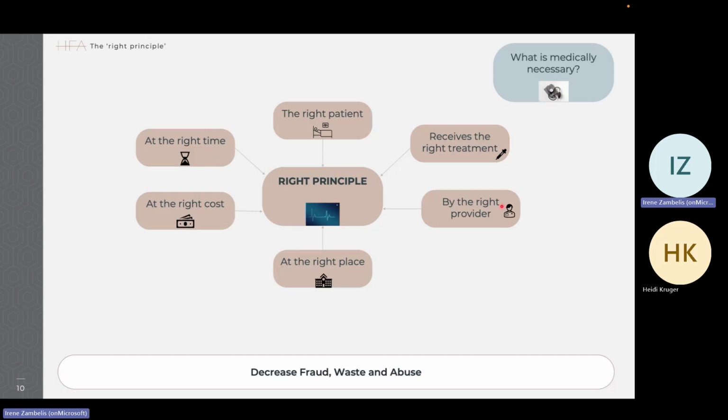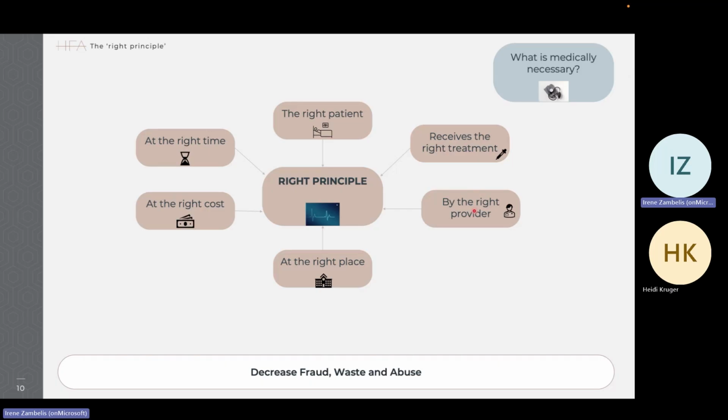So what one wants to do is to limit the benefits to what is medically necessary, so that the right principle can apply. You have the right patient with the right condition and severity of condition, getting the right treatment by the right provider.